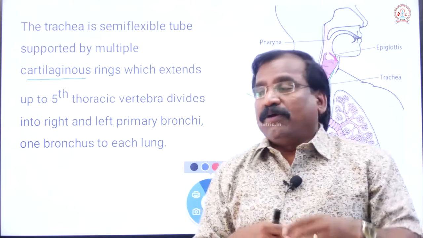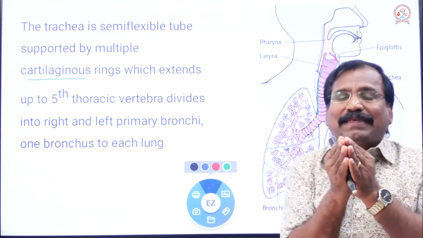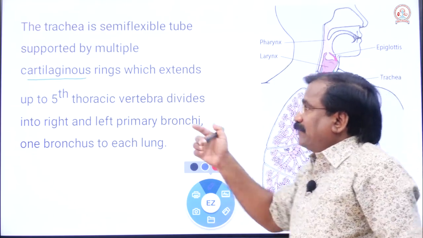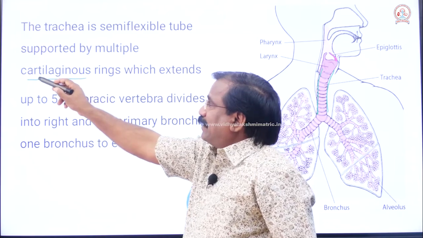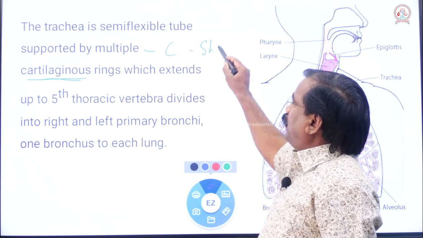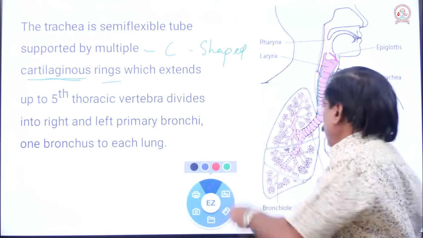So in order to prevent the collapse of the trachea, it is supported by multiple C-shaped cartilaginous rings.